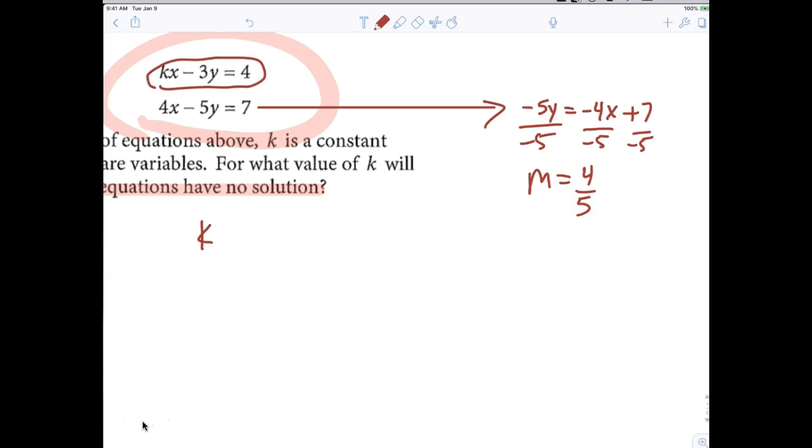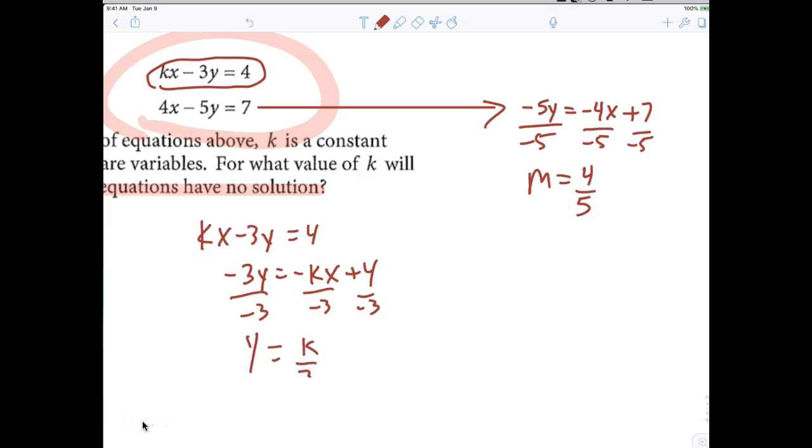Now, I have to find the slope of the top line. So here we go. Kx minus 3y equals 4. Negative 3y equals negative kx plus 4, divided by negative 3. So I have y equals. Is everybody good with this? Right?